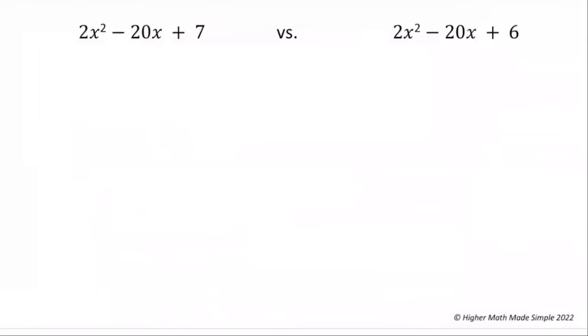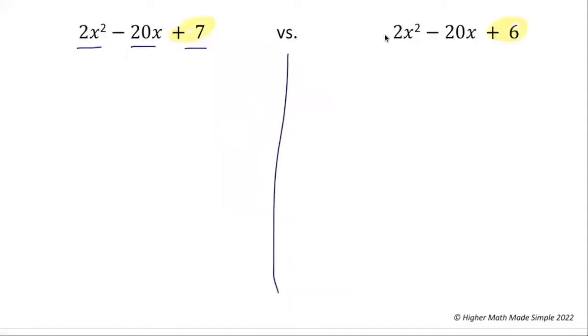Here are two specific examples side by side. Notice the one on the left versus the one on the right are exactly the same, except the one on the left is +7 and the one on the right says +6. If we take a look at the expression on the left-hand side, if you're asked to factor using the greatest common factor method, first of all, it's important to note that there are 3 terms, and you can tell how many terms there are because they are separated by plus and minus signs.